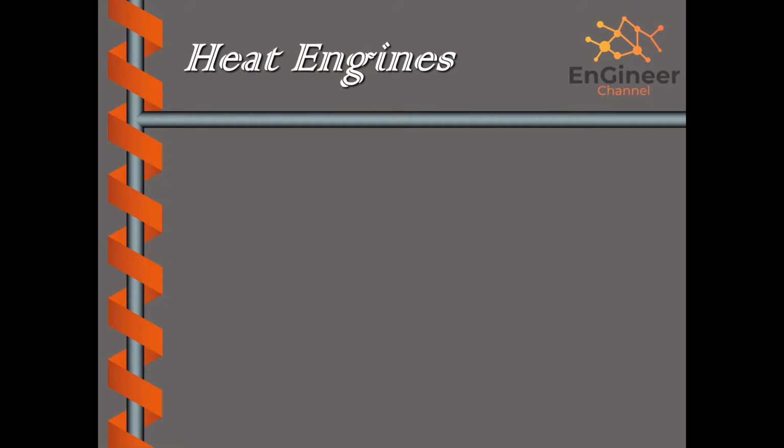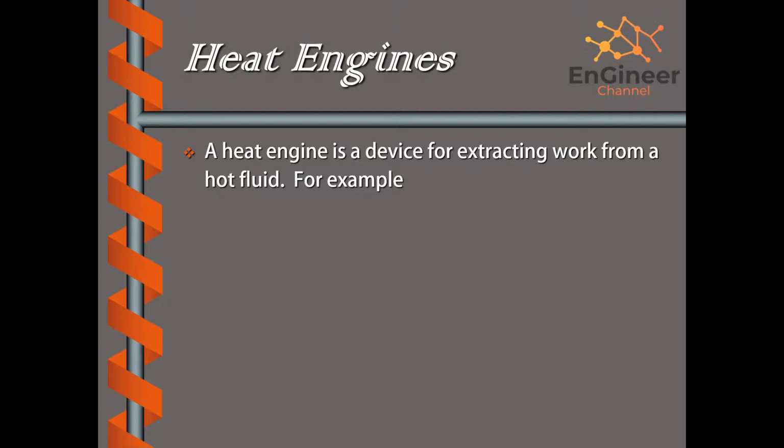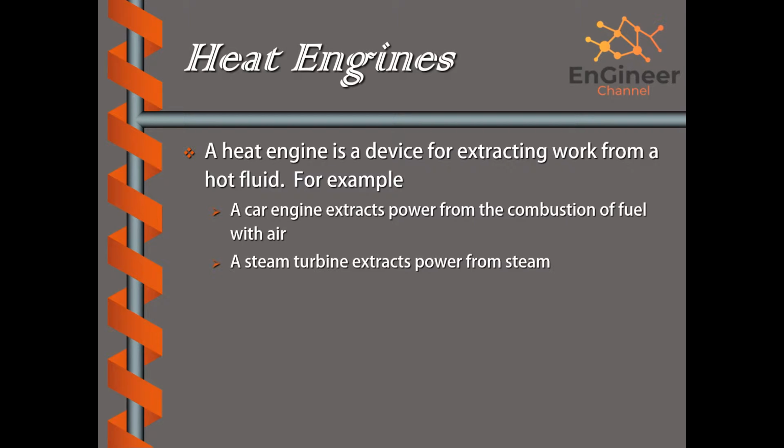Let's now discover heat engines. A heat engine is a device for extracting work from a hot fluid. For example, a car engine extracts power from the combustion of fuel with air.